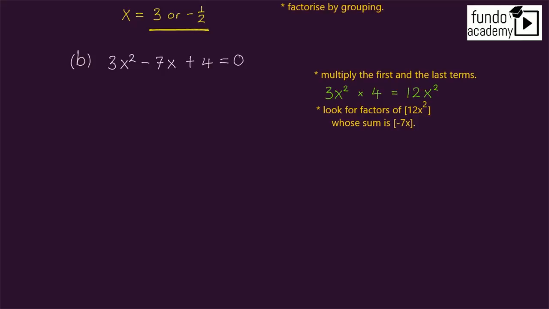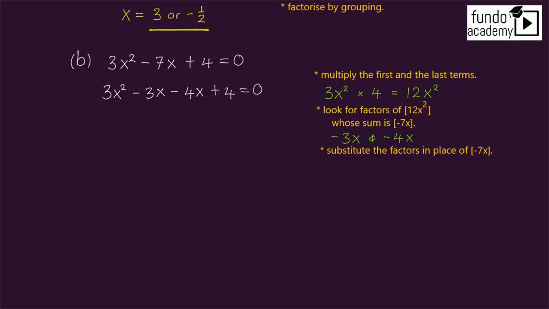And by trial and error, I'm going to find that the factors of 12x squared, whose sum is negative 7x, will come out as minus 3x and minus 4x. And I substitute these factors in place of negative 7x, so that I'll be having 3x squared minus 3x minus 4x plus 4 equal to 0.